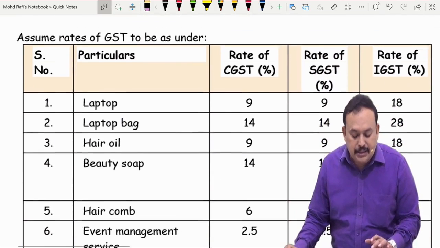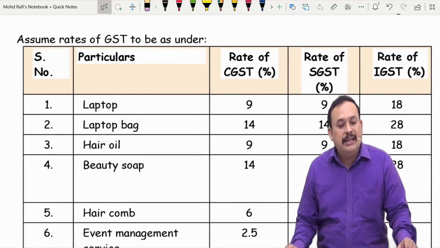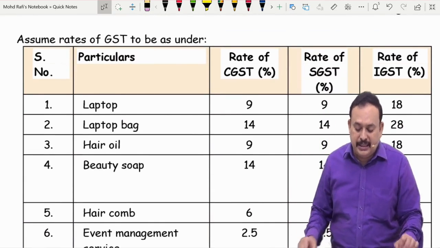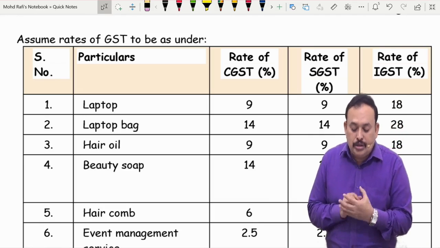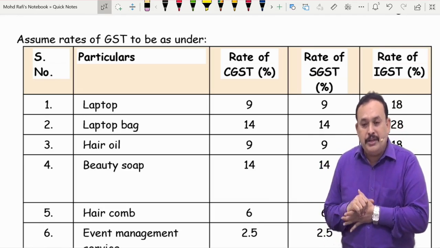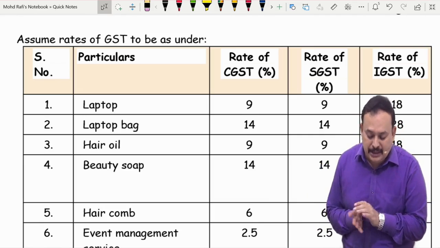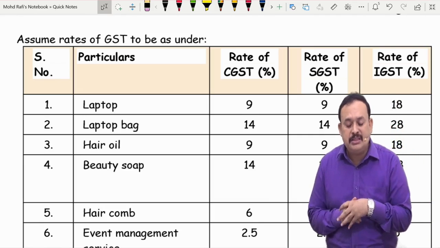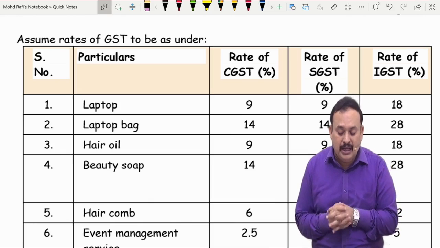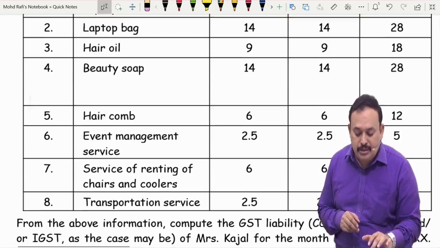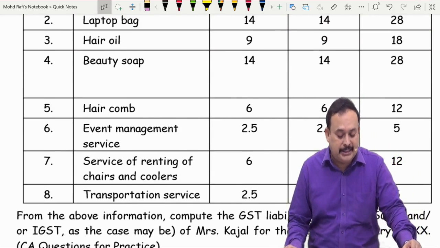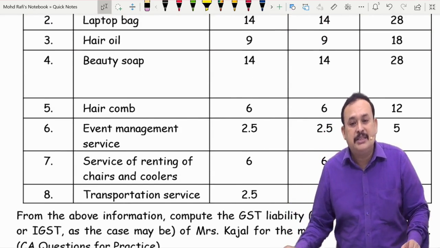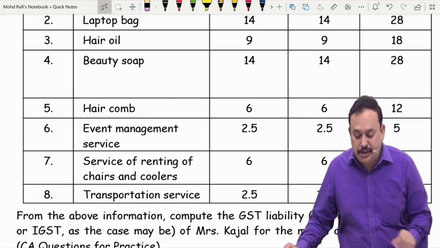Assume the rate of GST to be as under. Laptop: CGST 9%, SGST 9%, IGST 18%. Laptop bag: CGST, SGST 14% each, IGST 28%. Hair oil: CGST 9%, SGST 9%, IGST 18%. Beauty soap: CGST 14%, SGST 14%, IGST 28%. Hair comb: CGST 6%, SGST 6%, IGST 12%.